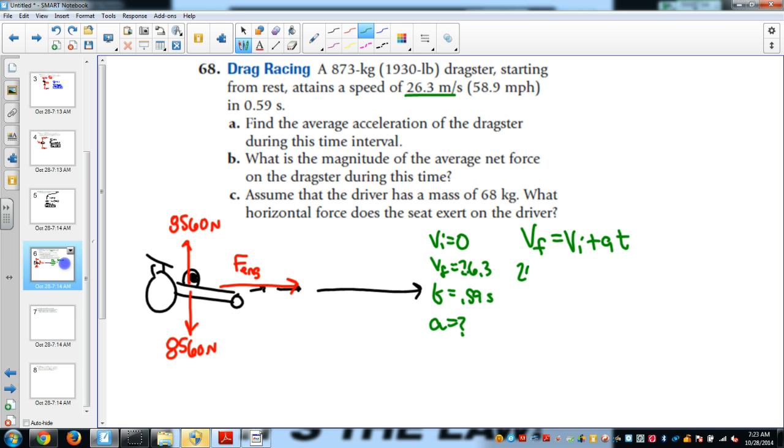Final velocity 26.3, initial velocity 0, acceleration, that's what I'm looking for, and the time is 0.59. So my acceleration is 26.3 divided by 0.59, and that comes out to 44.6.